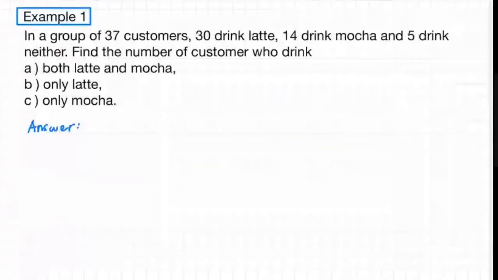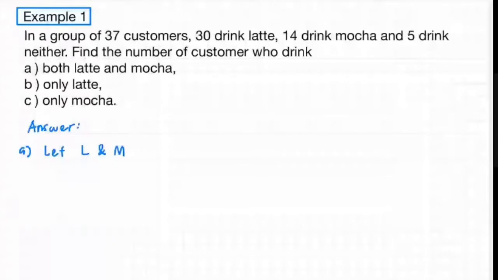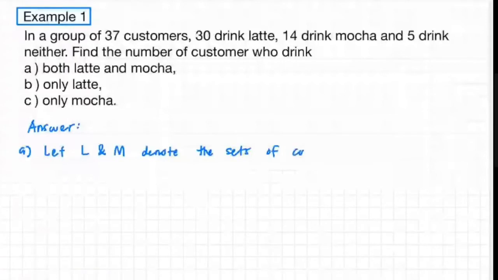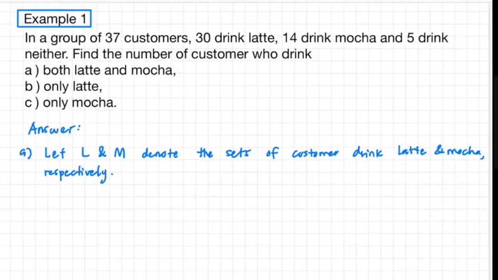Let L and M denote the sets of customers who drink latte and mocha respectively. Both latte and mocha means the intersection part.